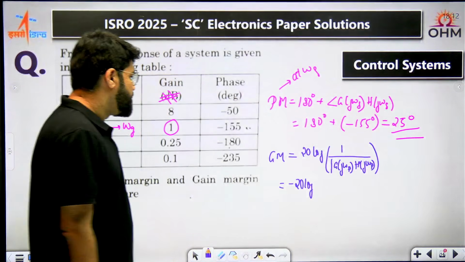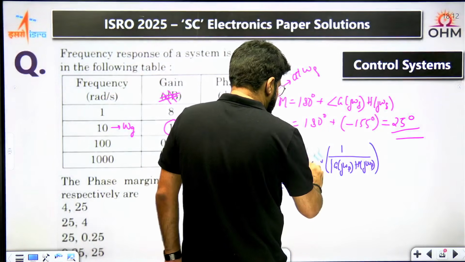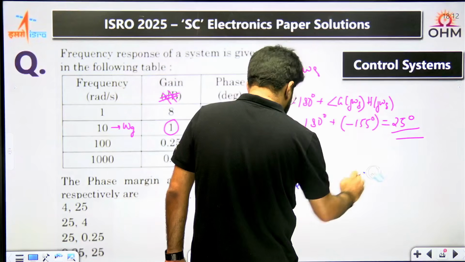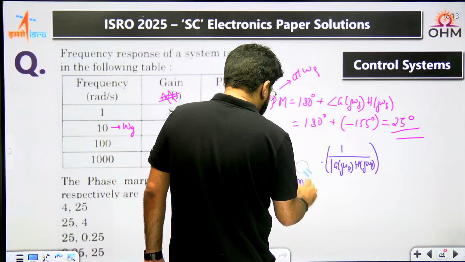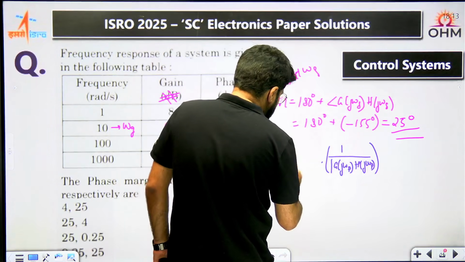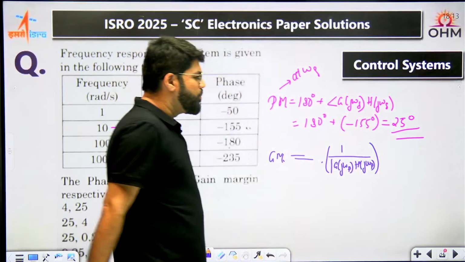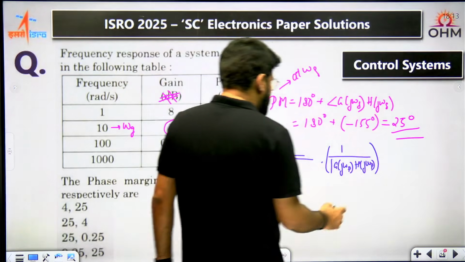Sorry, I've written the logarithm one. I wanted the absolute gain margin. The absolute gain margin is 1 upon gain at omega p. 1 upon mod G(j omega p) at j omega p.